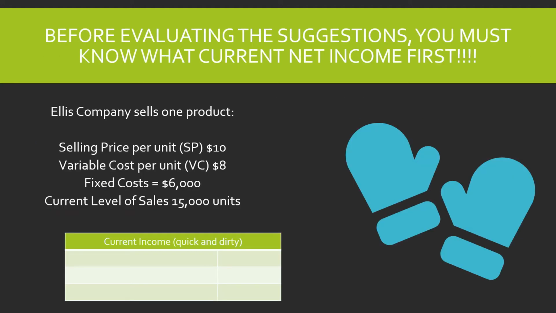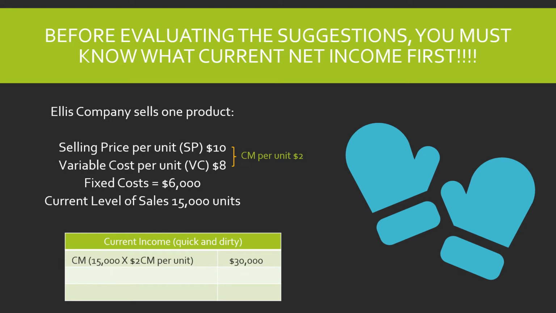Well, let's see. Before we consider any of those suggestions, however, we need to calculate what our net income currently is. There is always the possibility that all of those suggestions are poor, right? That they will give us less net income than we already have. So let's check and see what our net income is currently. I'm going to do the quick and dirty. I know that my total contribution margin is the contribution margin per unit, which is selling price per unit minus variable cost per unit, or $2 a unit, times my current level of sales of 15,000 units.